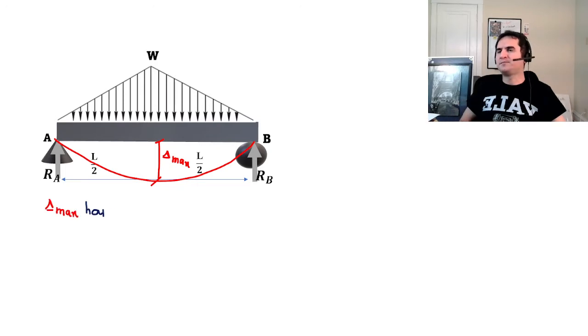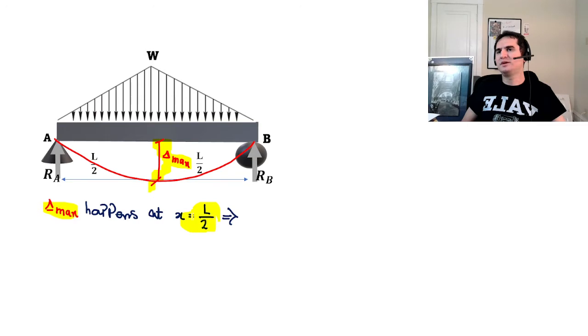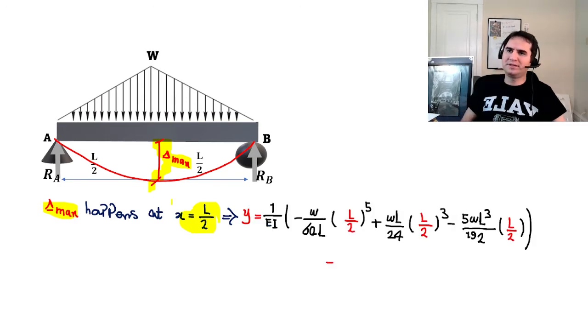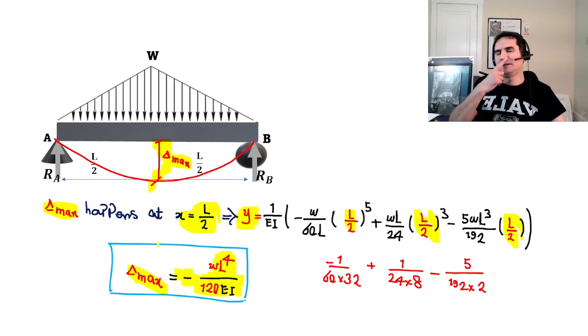Looking at the symmetry of the structure, you can easily see that delta maximum happens at x equal to L over 2. Replacing L over 2 in the equation of delta gives delta max equal to negative WL to the fourth over 120 times EI.